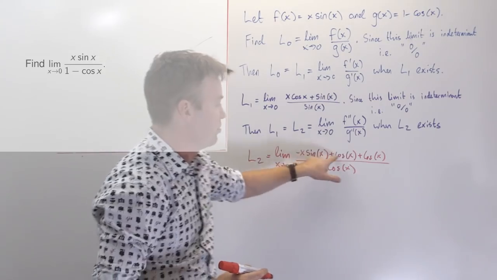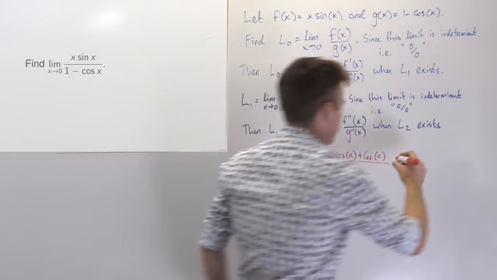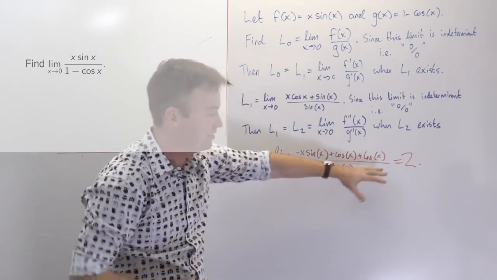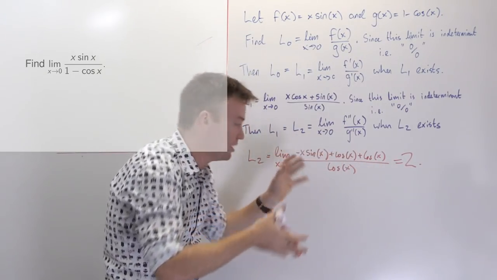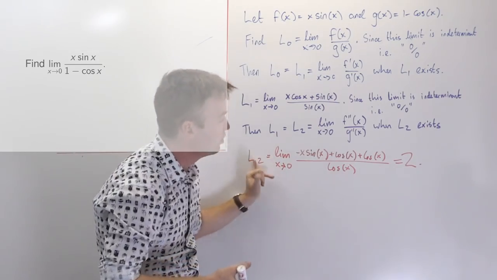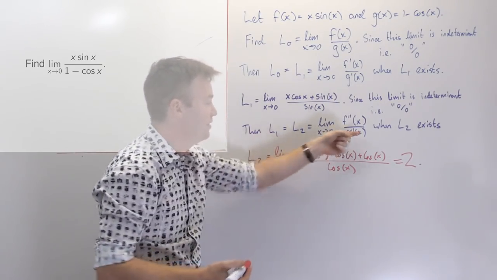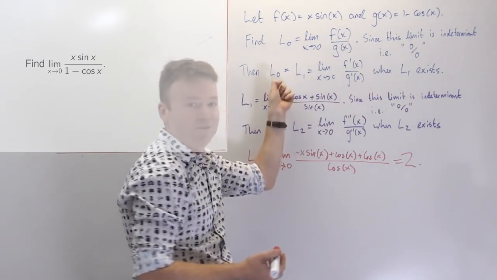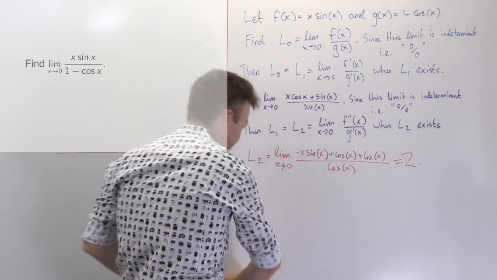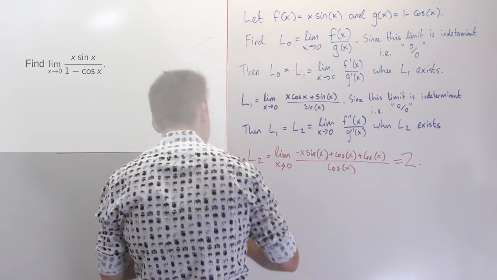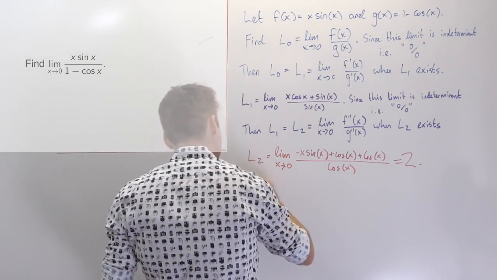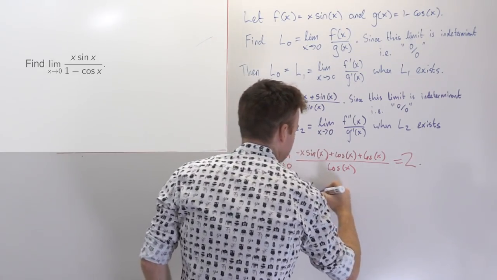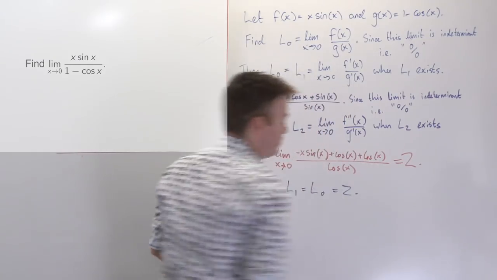This is just 0 plus 1, so it's 2 over 1, which is 2. Great. We've finished. We don't need to go any deeper now. We know what L2 is. L2 is 2, which means L1 exists and is 2, which means L0 exists and is 2. So we'll go back to the original blue, hence L2 is equal to L1 is equal to L0 is equal to 2.